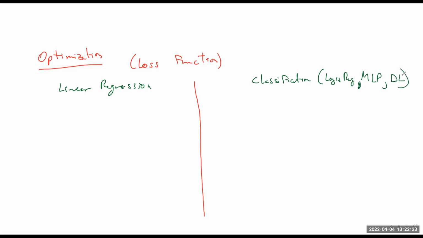They all basically use the same loss function. Here we use MSE, mean squared error, least squares error. And here we use a function called cross-entropy.